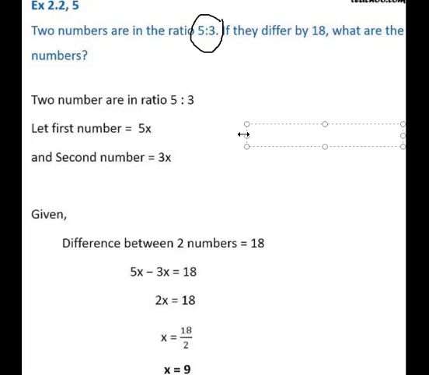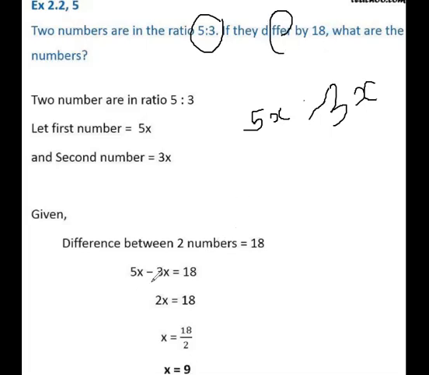So we have 5 ratio 3, and you could take 5x and on the other side 3x. If you are adding x to one side, you'll add x to the other side. 5x ratio 3x. Moving forward, the difference between two numbers, because it says differ, so we'll write 5x minus 3x. Our equation is done, is equal to 18.